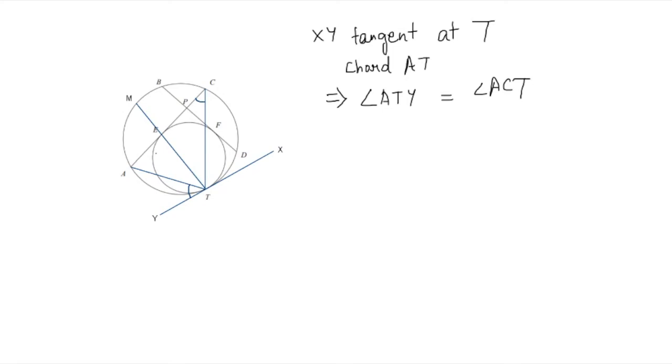AC is tangent at this point E, and XY, as we said before, is tangent at this point T. This has the consequence that if you look at this angle AET, this would equal the angle ETY.